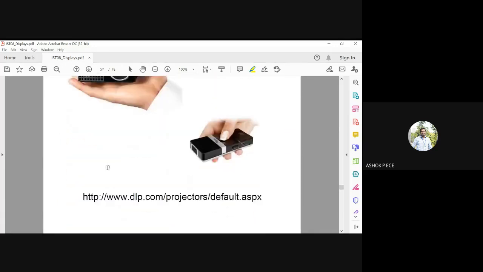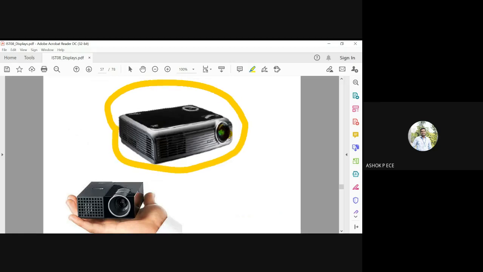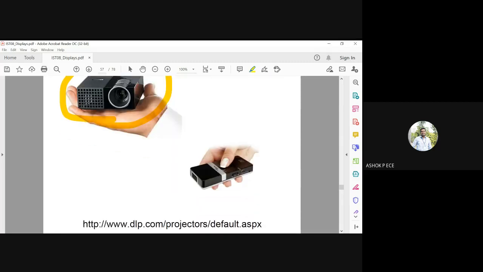So these are the different devices you can have, projectors. This is your conventional projector which we use in education institutions. So this high output lamp will be giving out the signal to be projected. This is a handheld projector for a little bit smaller projection screen, and this is an even more palmtop device which is going to be used for small projections.